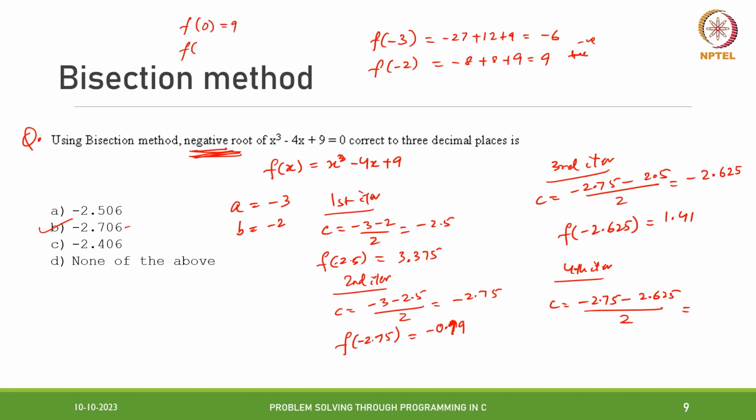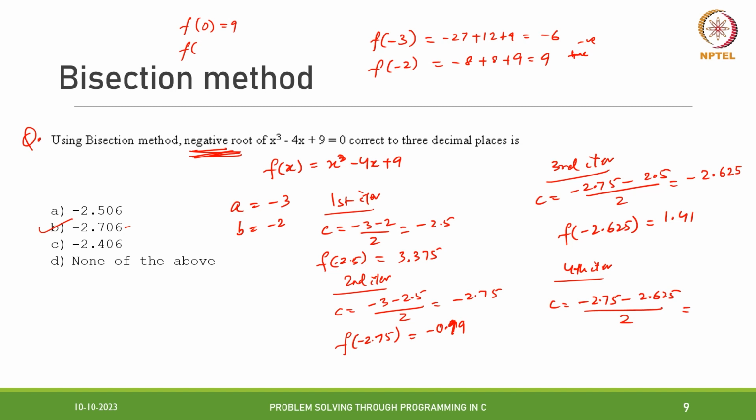Maybe this will converge to a value, and at some point you will get the value of minus 2.706 here. We don't really know, and that is where we will stop, because it has just asked correct to three decimal places, and that will match with this answer. So we'll just stop there. We'll not go to the next iteration itself.